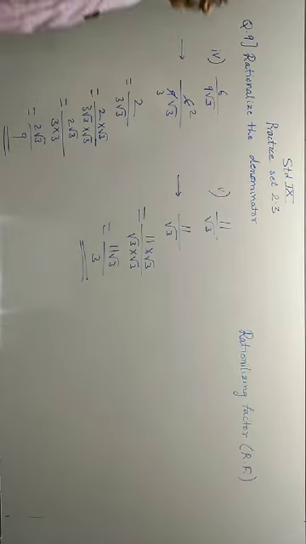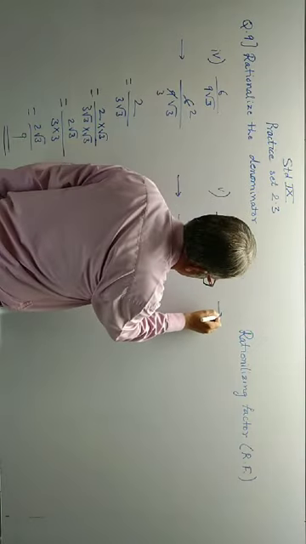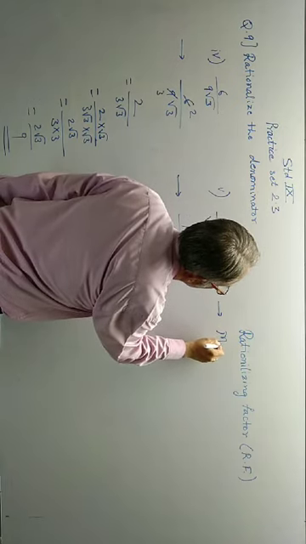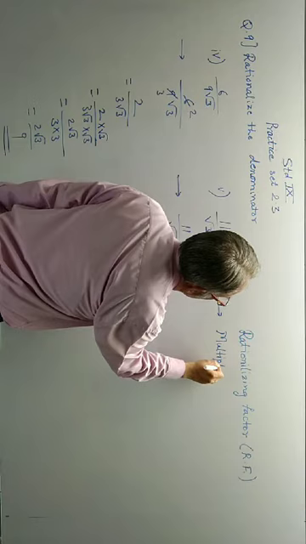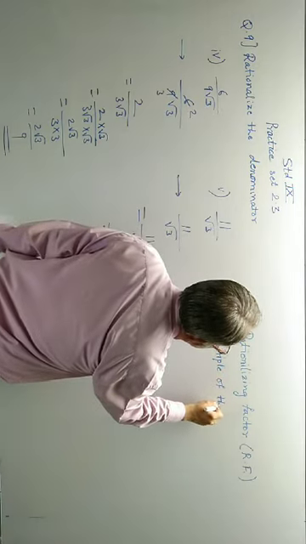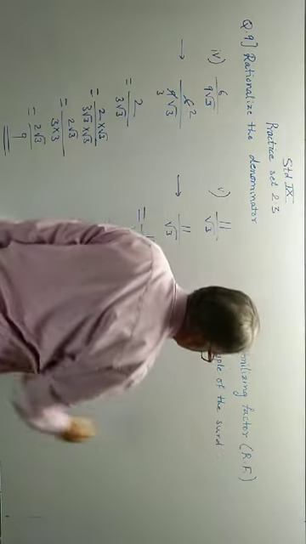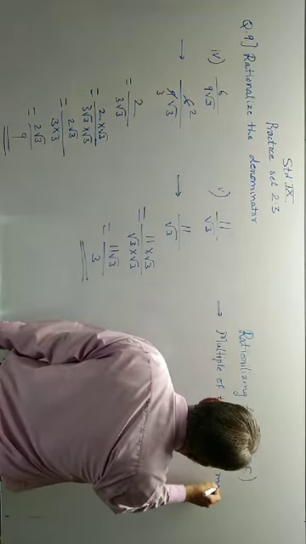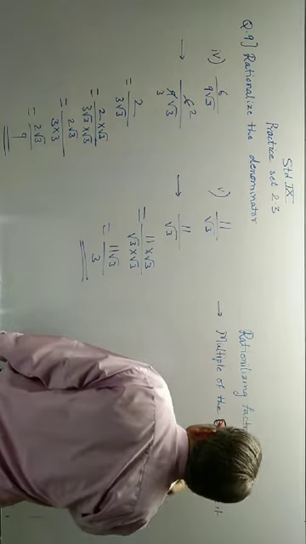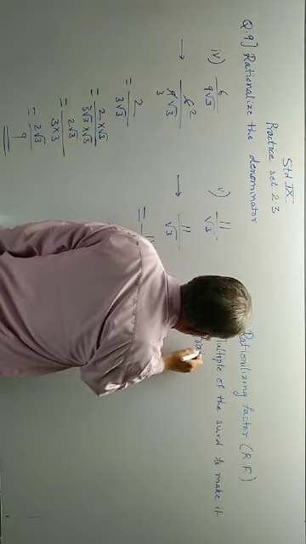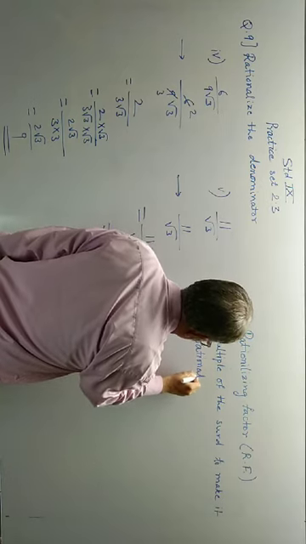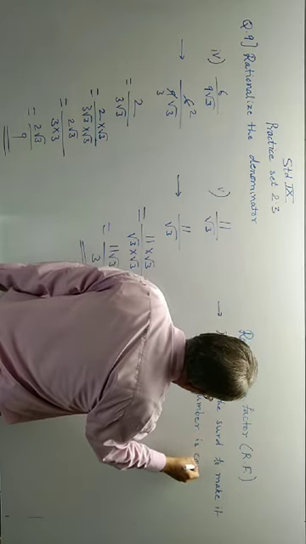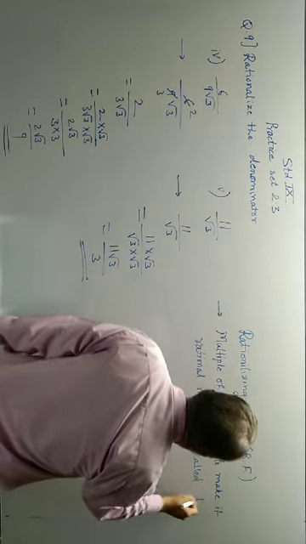Rationalizing factor: a multiple of the surd to make it a rational number is called a rationalizing factor.